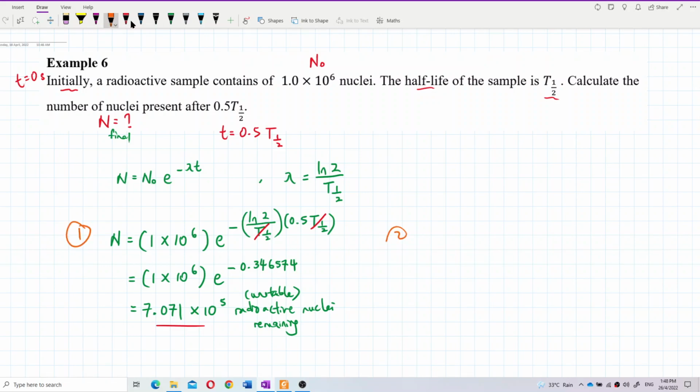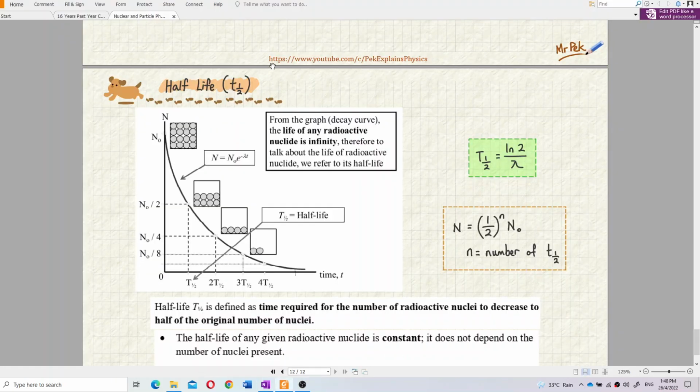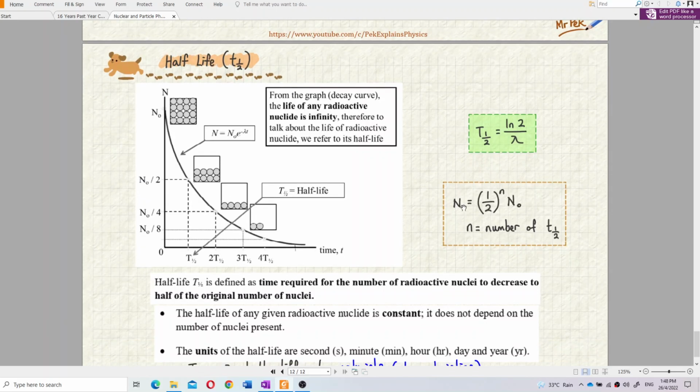How about the second method, which I suggested just now: N equals half to the power of n, times N naught. This is by the concept of half-life: every half-life, the number of nuclei decreases by half. If you have 2 half-lives, it becomes half and half, so it's 1/4.